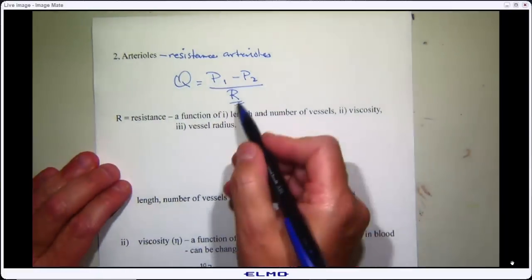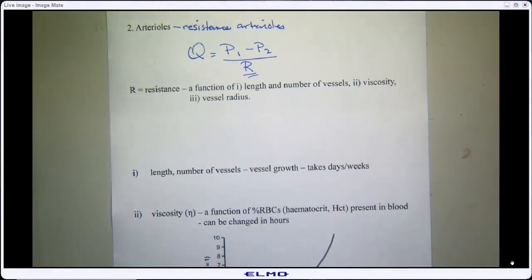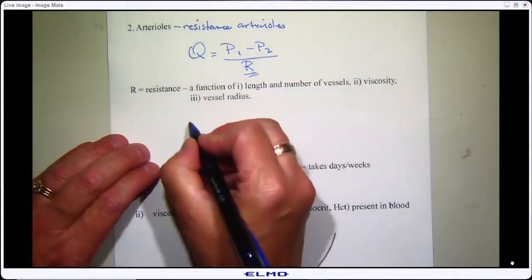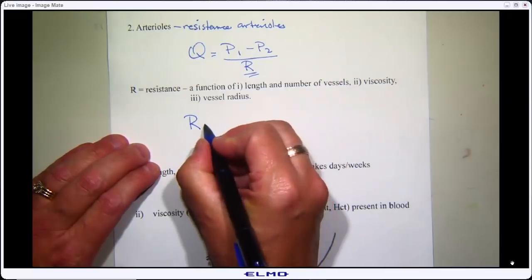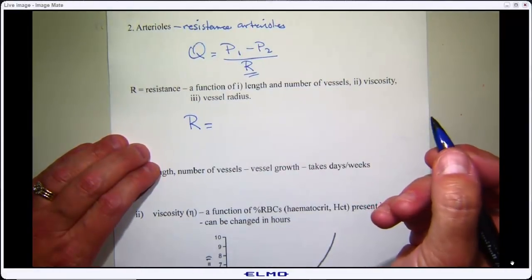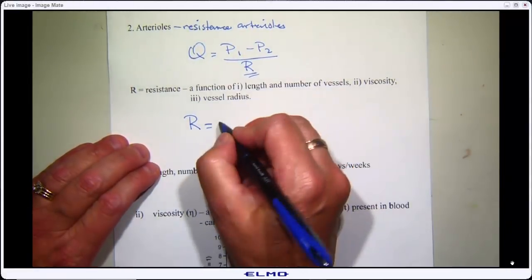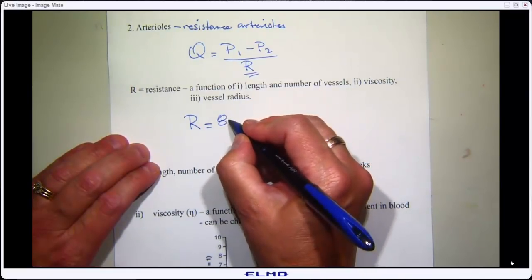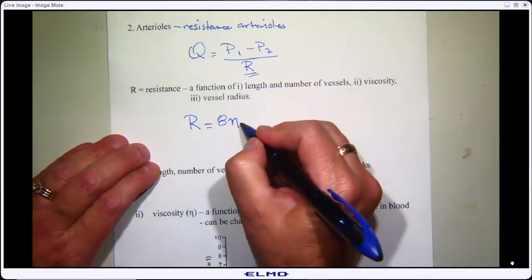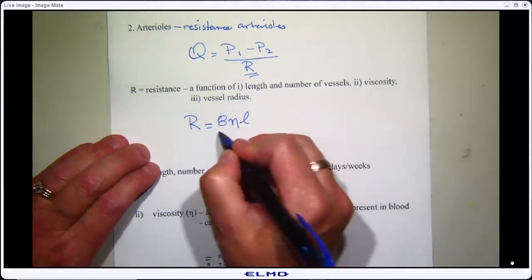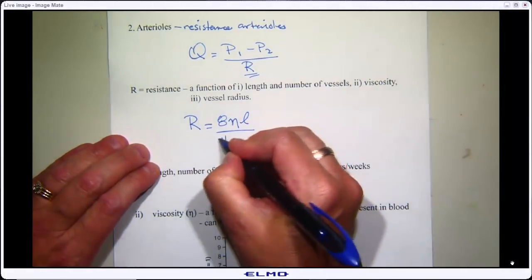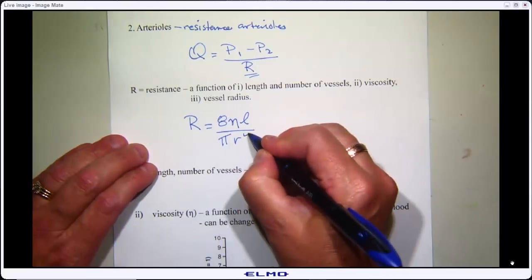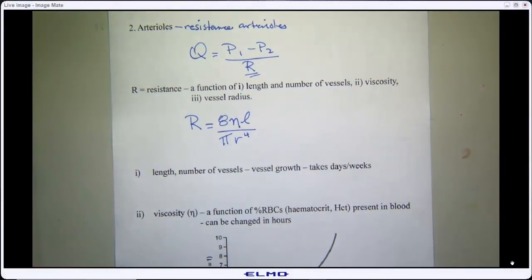So then what's dictating resistance, or what are the components of resistance that we need to think about? What are the determinants of resistance? A constant 8, the viscosity and the length of vessels dictate resistance, pi, because that's fun, and then radius dictates resistance, okay?